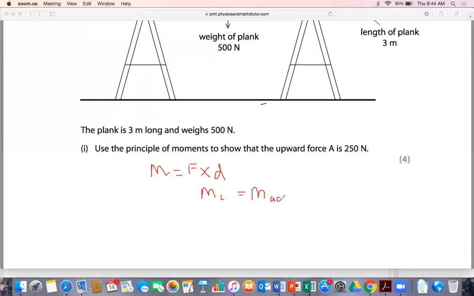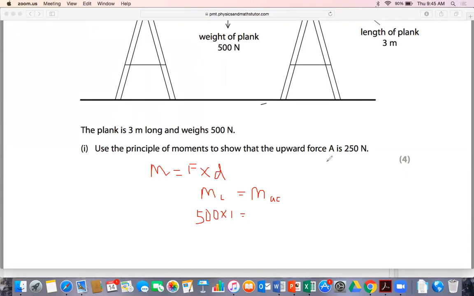So now on one side, we have 500 Newton times 1. Why times 1? Because 0.5 on this side, 0.5 on this side.